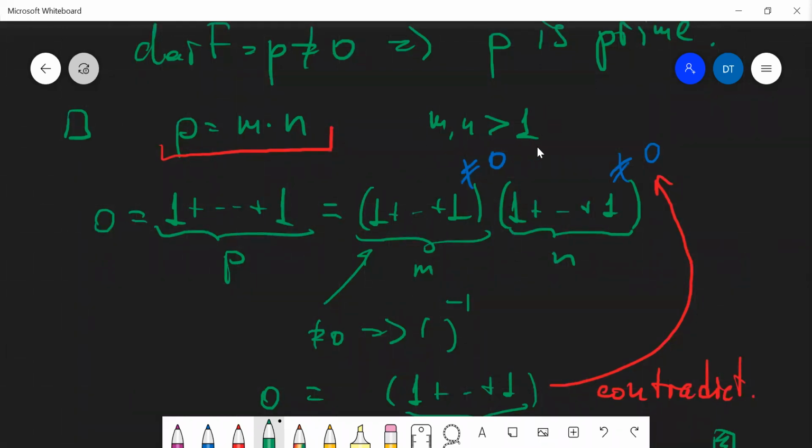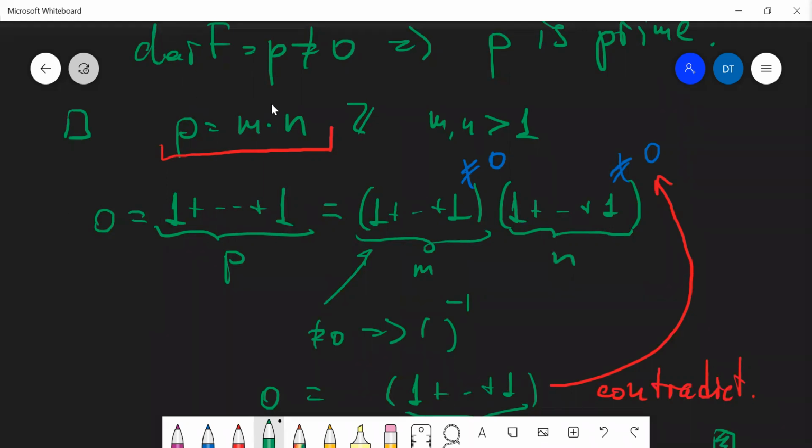I mean, m times n has to be equal to 0 because it's p. Strictly speaking, m times n equals p in Z, so this is an equality of integers. My question is, we're saying that some inverse is equal to 0, and I'm not sure where we get the contradiction from.